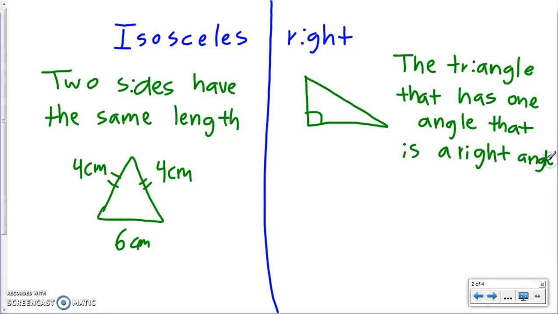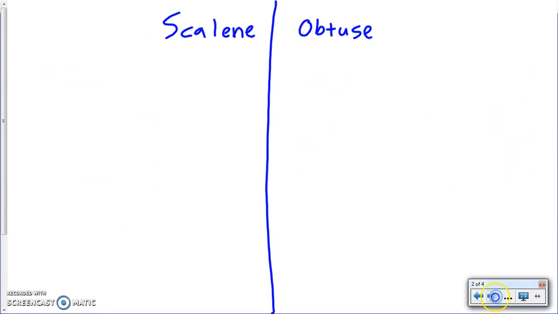And again, remember, a right angle is just a 90-degree angle. So we have one angle that is 90 degrees in my triangle. So when I automatically have one angle inside the triangle that is 90 degrees, it's automatically a right triangle. It does not need to be an isosceles triangle to be a right triangle.